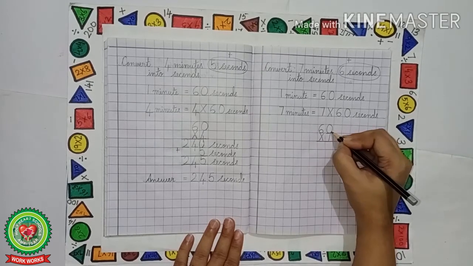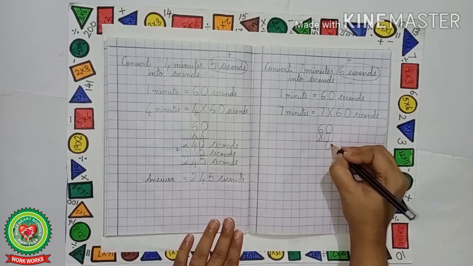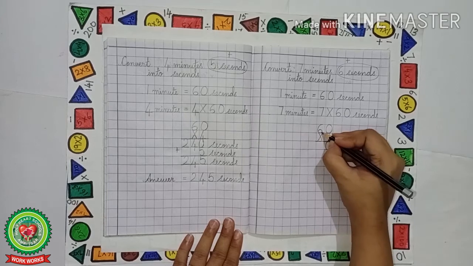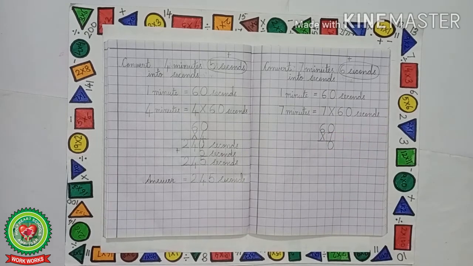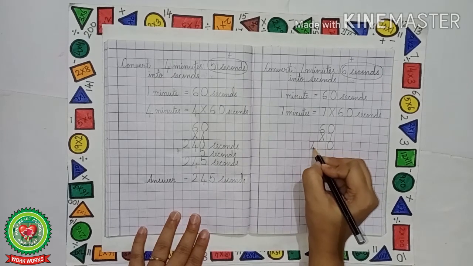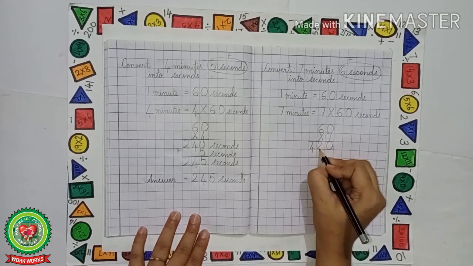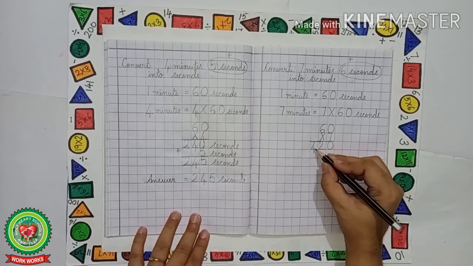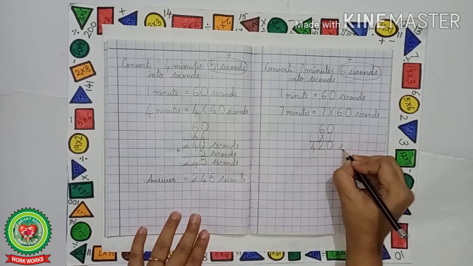So 7 zeros are 0. Now 7 sixes. Let us speak the table of 7. 7 ones are 7, 7 twos are 14, 7 threes are 21, 7 fours are 28, 7 fives are 35, 7 sixes are 42. So we will write over here 42. So it has become 420 seconds.